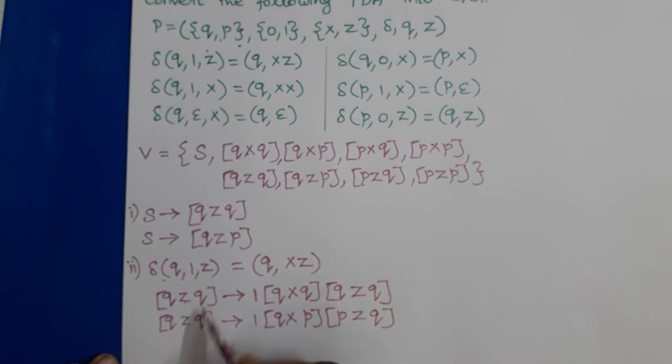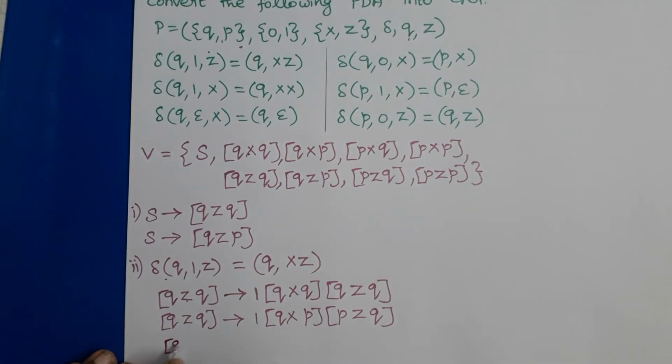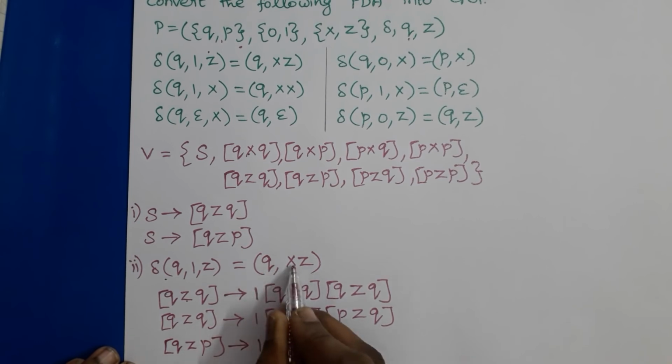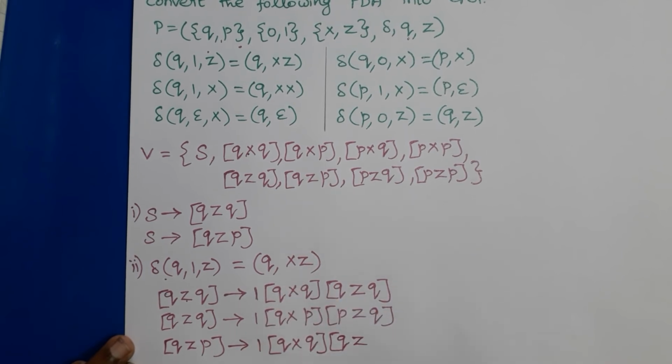Now I need to write the same two by considering P in the end. So Q, Z, P. This Q, Z and P implies 1 into QX. First I have to consider Q in the middle. So I have to start the same Q here, and this Z must be written and this P should be written at the end.